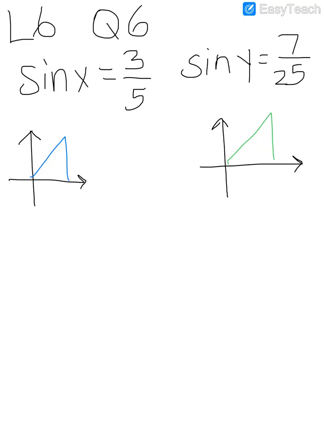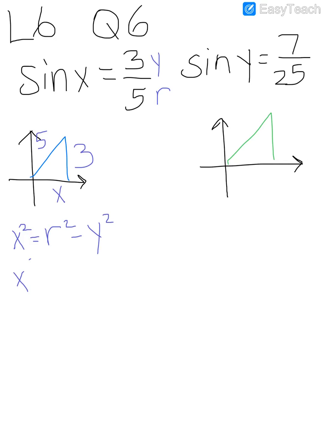Let's put sine of x is equal to 3 over 5. So sine, remember, is "opposite over hypotenuse". So my y value is 3, and my radius is 5. I need to calculate my x value. So using Pythagoras' theorem, x squared plus y squared is equal to r squared. I could manipulate that to get what x squared is equal to. And x squared, remember, is r squared minus y squared.